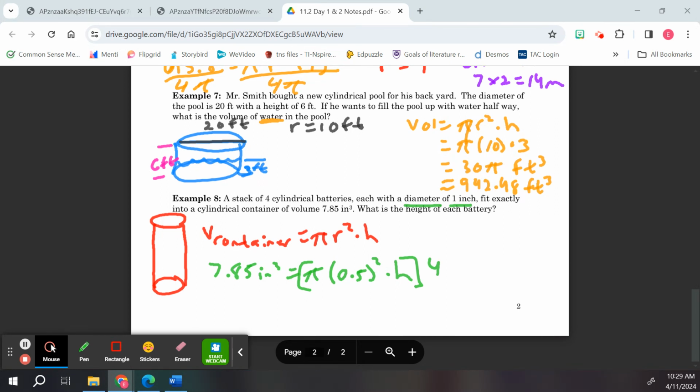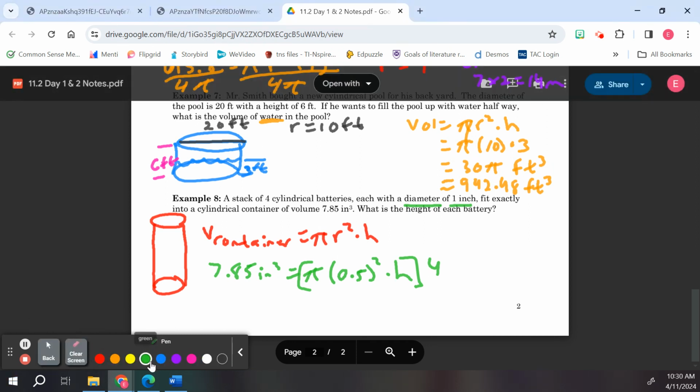Everybody with me so far? Okay. Now, if we continue from here, the first thing we can do is divide by this, since everything's multiplying.